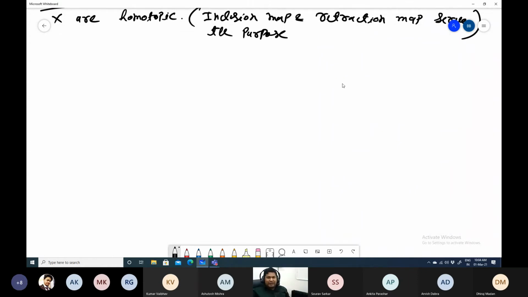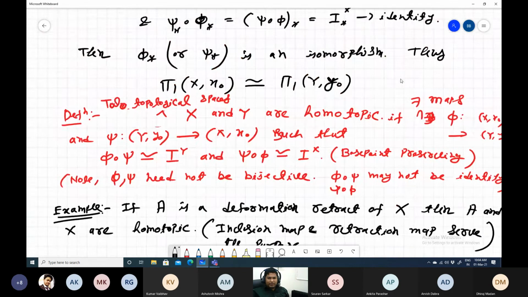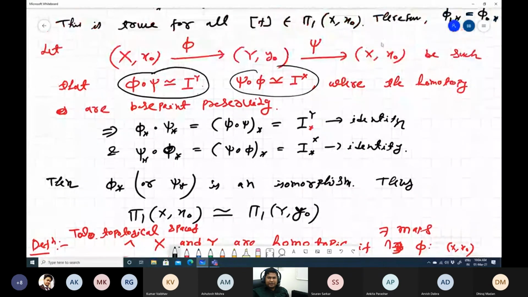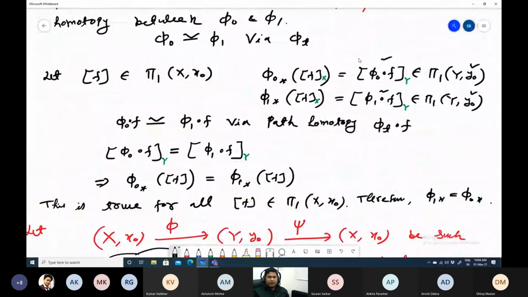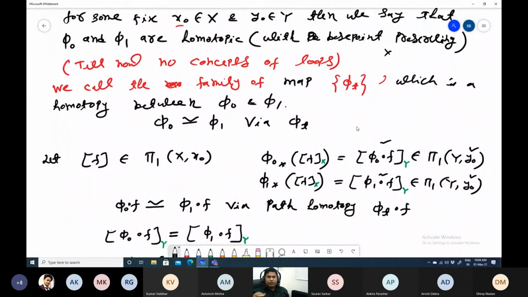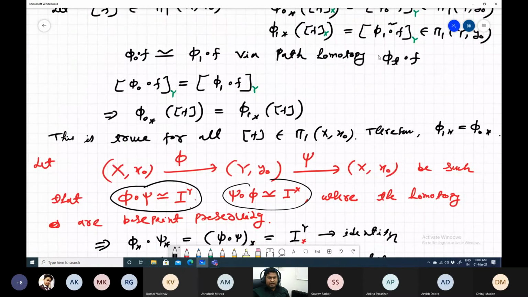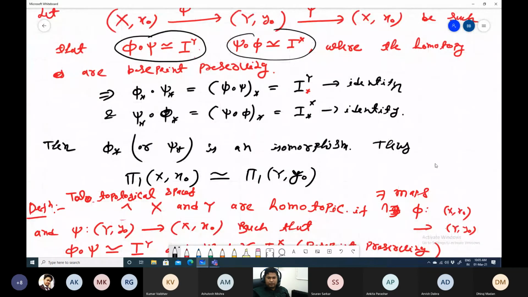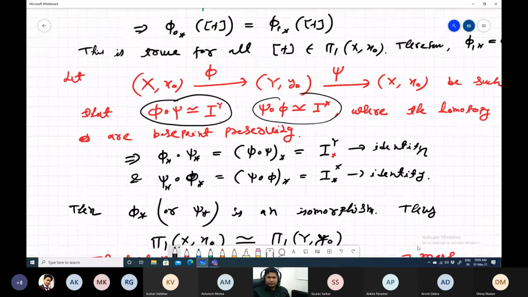So what we did here actually: during all of this, we chose that it is base point preserving. Now we can remove this condition, because we know that the fundamental group of a path connected topological space does not depend on the base point, right? So when we define homotopy, it should not depend on the base point as well.